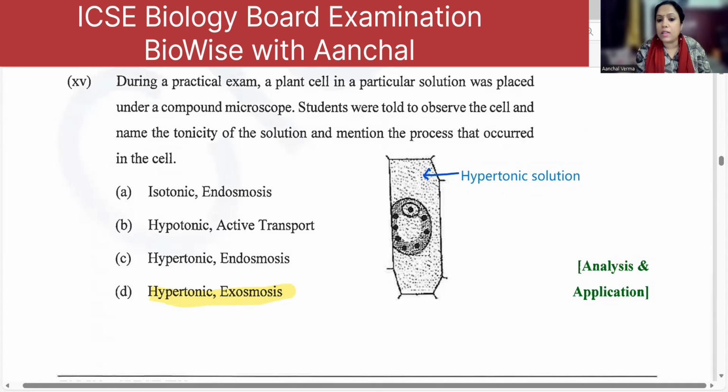And this is a plasmolysed cell which has shown exosmosis. Understood? The answer is hypertonic and exosmosis. Moving to the next.